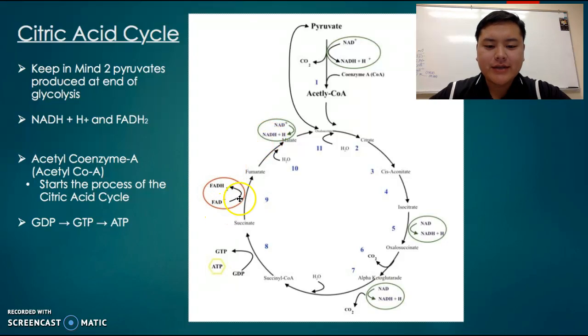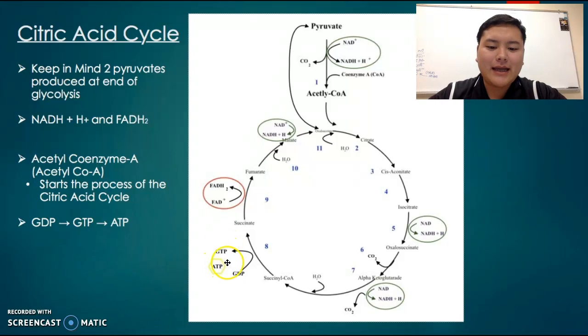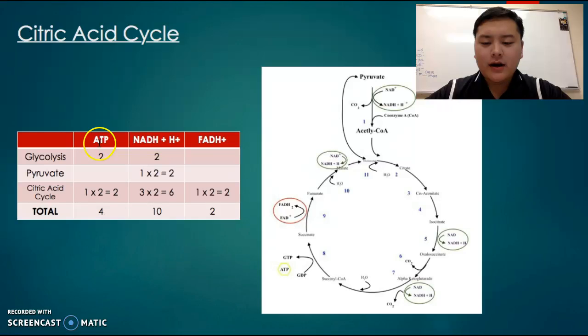We also get introduced to FADH2, which also gets converted to ATP later. And here we have an ATP right here. The way this is converted is GDP collects a phosphate, and then ADP collects a phosphate from GTP, and ATP is created.